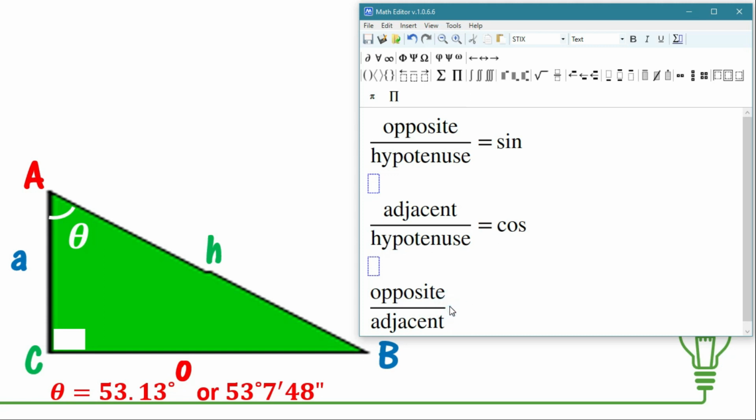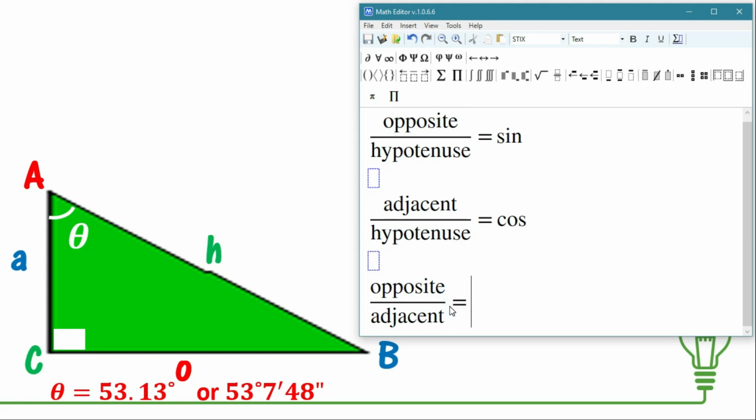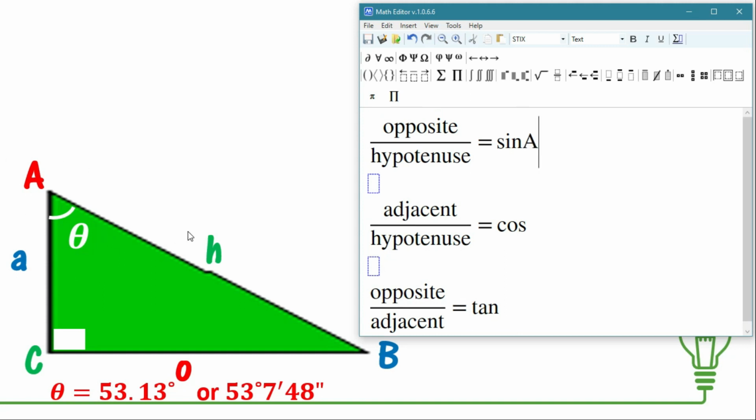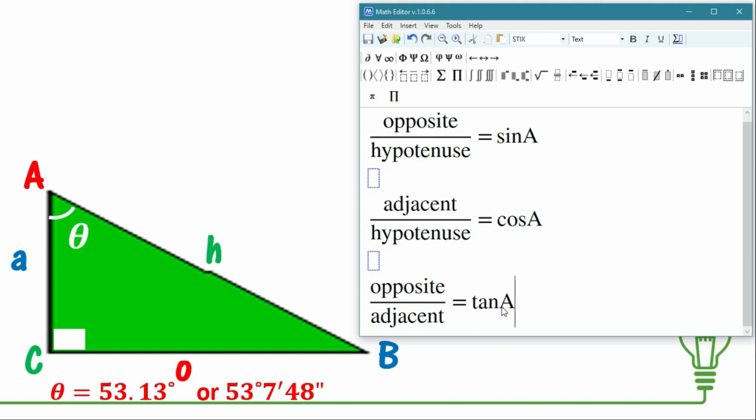And the last of the first three trigonometric functions would be the tangent, or tan. These three functions are prior to our given angle, angle A. So we'll be dealing with sine A, cosine A, and tangent A.